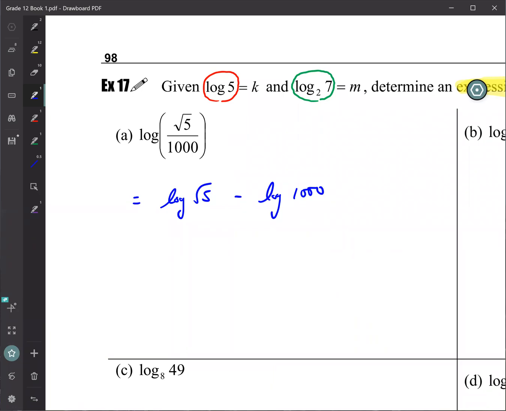Then I would know it's base 10, all right? Now we have two terms here, right? But still, I cannot just say, okay, there's a 5 and I'm going to replace it with k yet. It has to be just log 5 itself. Then I can write it as k. So what else can we do? What other rules can we apply next? Cindy?